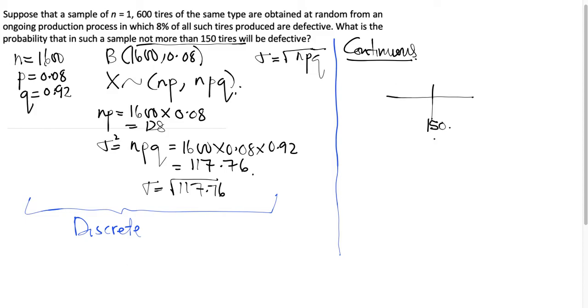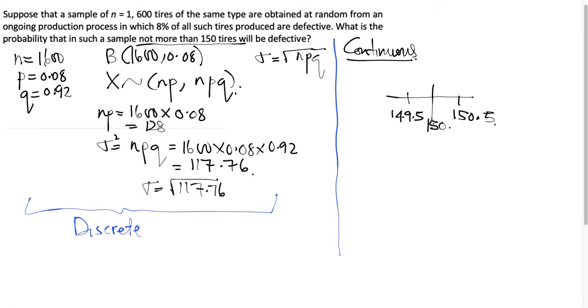Since I'm approximating from binomial to normal distribution, I have to plus minus 0.5. So the lower bound will be 149.5 and the upper will be 150.5. Since it says not more than 150, it has to be 150 but not more than that.